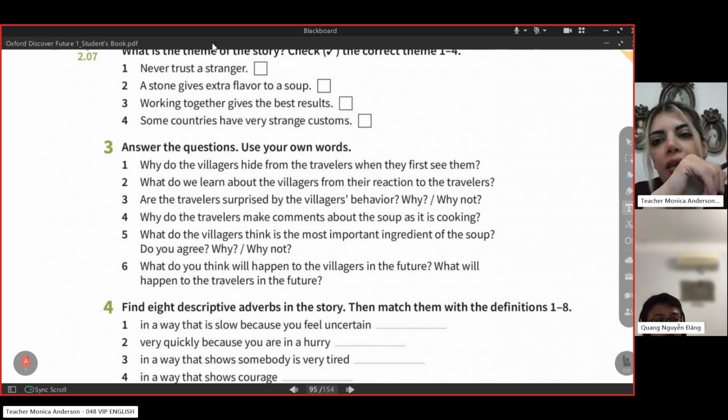Comments, for example, the soup needs this. It would be better if we had, for example, this. Of course, they are trying to make it better. Otherwise, it's so quiet.